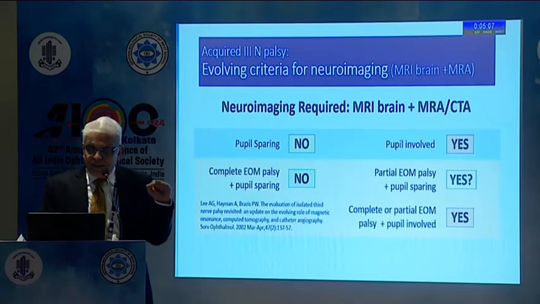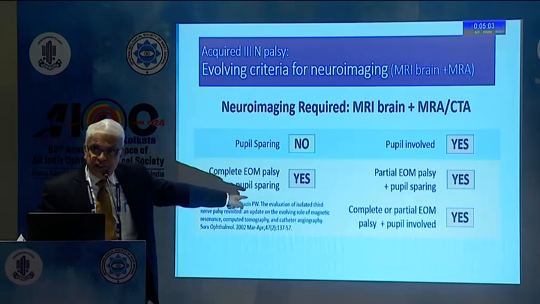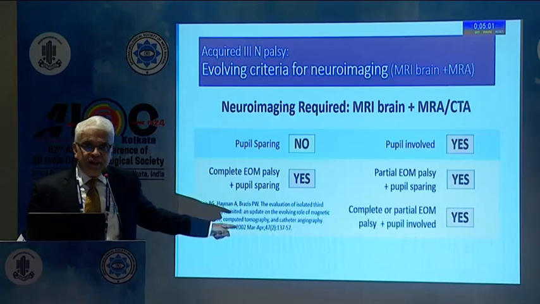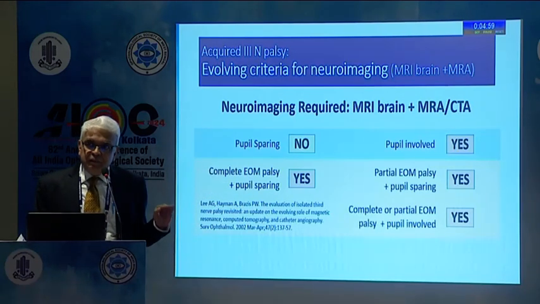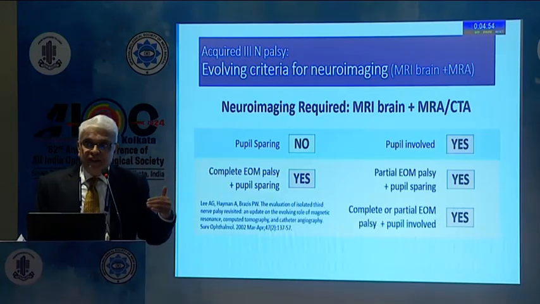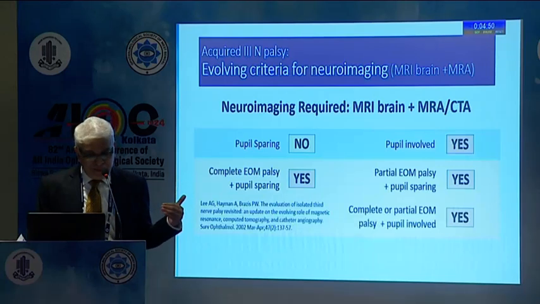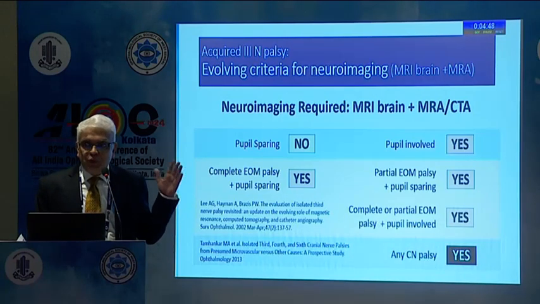So over time, this changed to yes, and over time, this has also changed to yes. So I will agree with Rashmin that if you have any patient with third nerve palsy, because the risk of aneurysm is much higher in an isolated third nerve palsy, with or without pupil sparing, my answer would be yes.